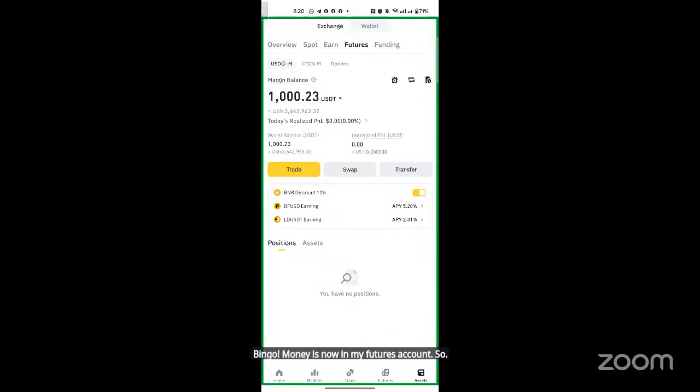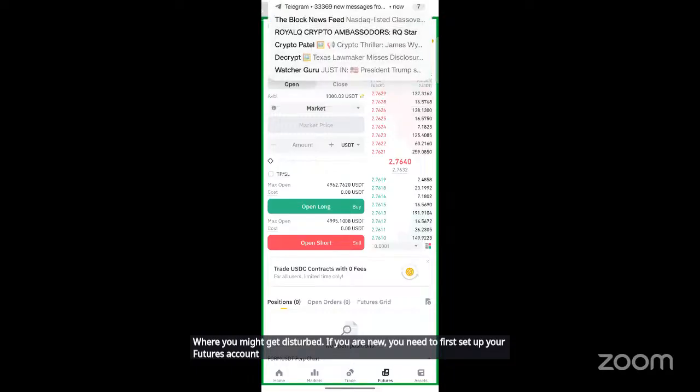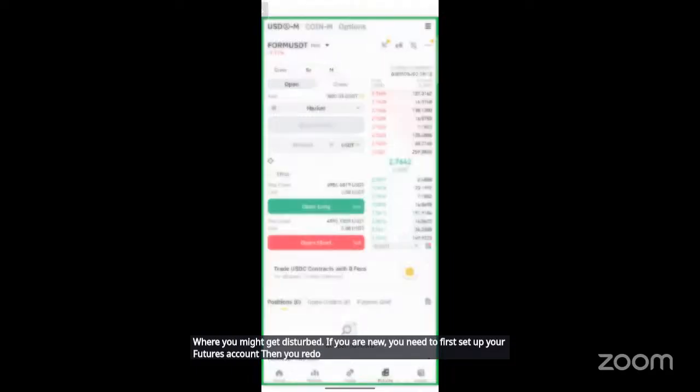If you are new, you need to first set up your futures account, then redo the API binding.